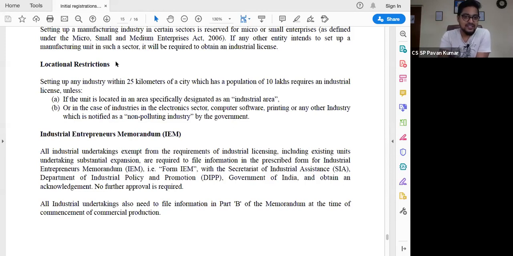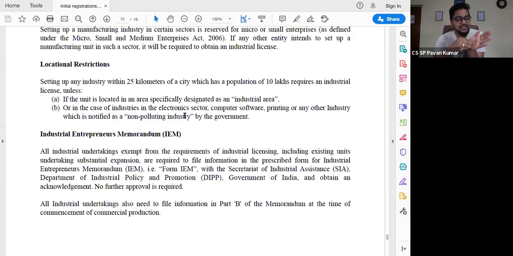In that case, this kilometer criterion will not be applicable. Or in case the industry is an electronic industry like computer software or painting or any other non-polluting industry. That is why software companies are all within the city. In all these cases also, an industrial license is not required.